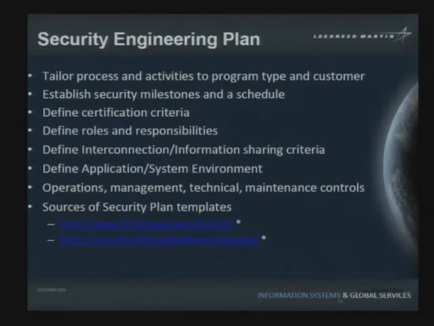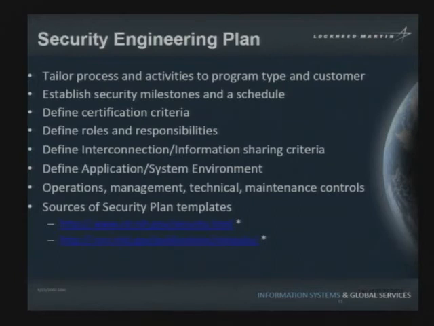There's a couple of sources where you can start to find ideas of what goes into a security plan. The NIH is one, their Office of Information Technology, and also the NIST, the National Institute of Standards and Technology, has a lot of documentation.